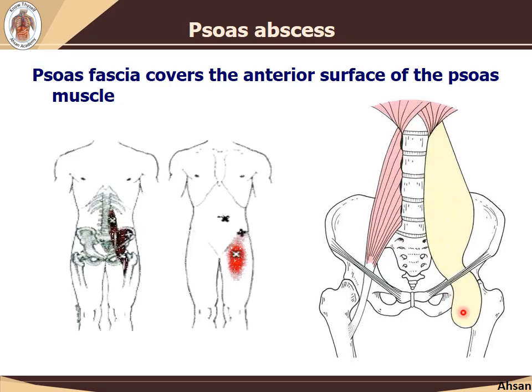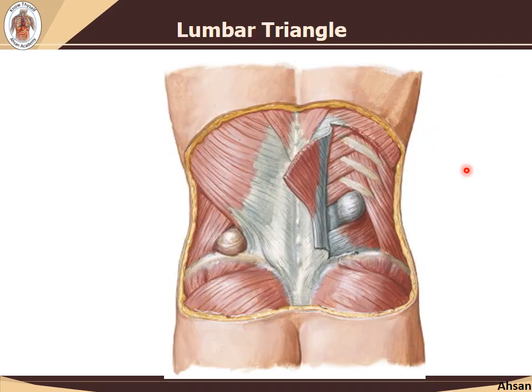This can be confused with any swelling of the front of the thigh. Actually, the source is by the side of the vertebra; even tuberculosis of the vertebra may make a cold abscess, which may pass and present in front of the thigh. So any swelling in front of the thigh should be investigated to see whether the primary source is here or not. This is known as psoas abscess.